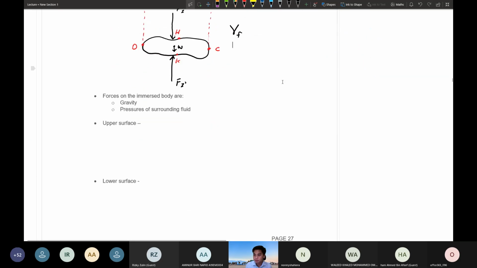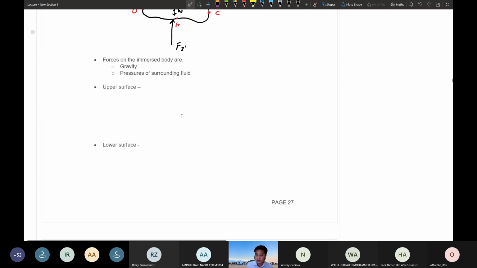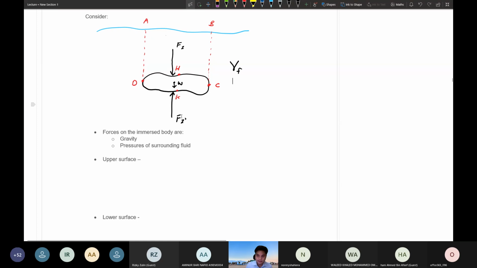So from here, the forces on the immersed body are the gravity, which acts this way, and the pressure of the surrounding fluid. You can see the vertical pressure of the surrounding fluid. Okay. So the upper surface: where is the location of the upper surface?